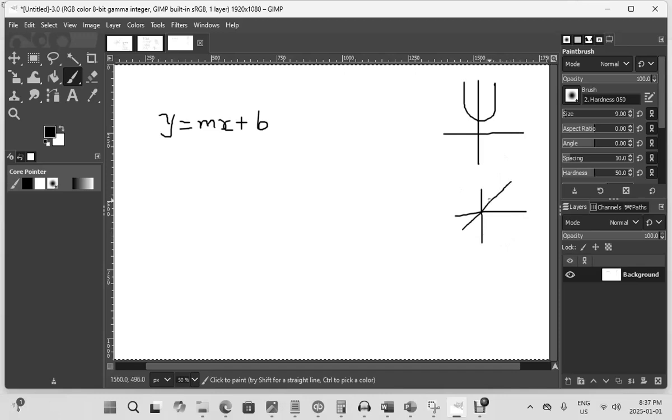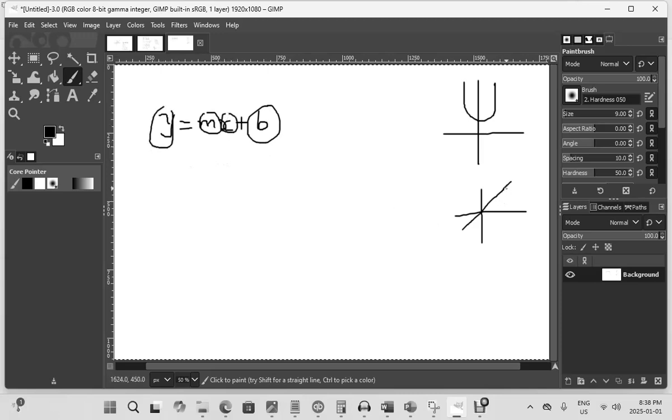Whenever you see a straight line going through the first and third quadrant, for example, that usually means it has a slope. Your slope is your m and your y-intercept is your b, and these are your x and y coordinates.